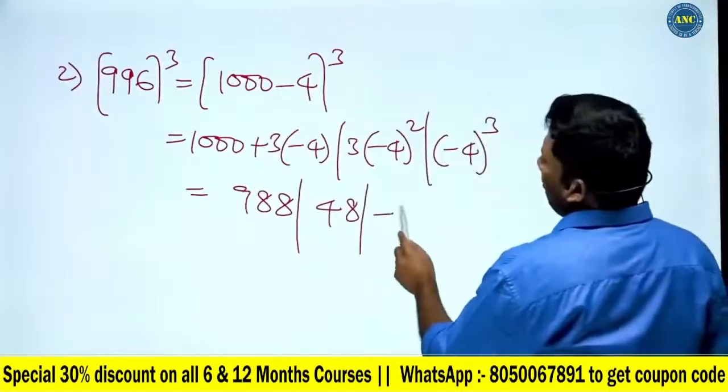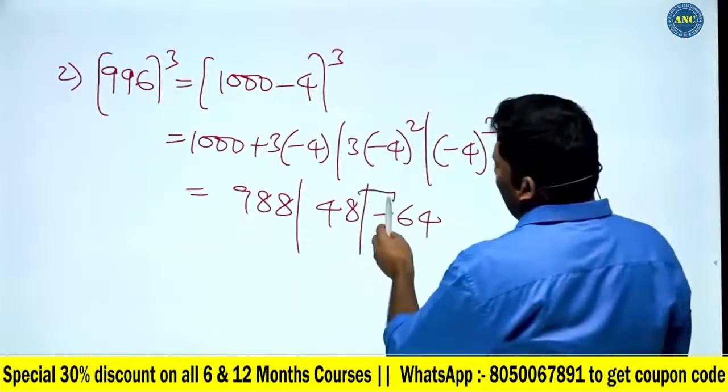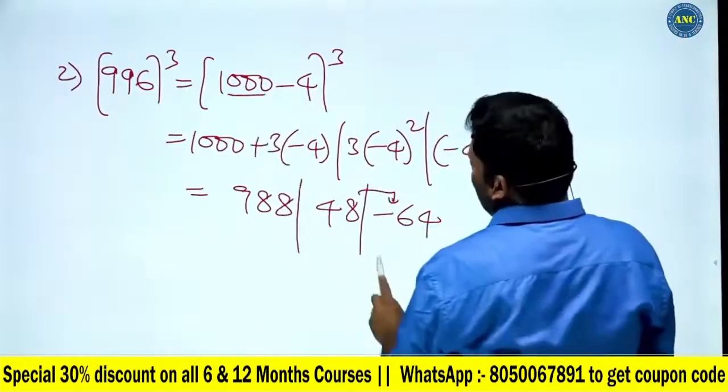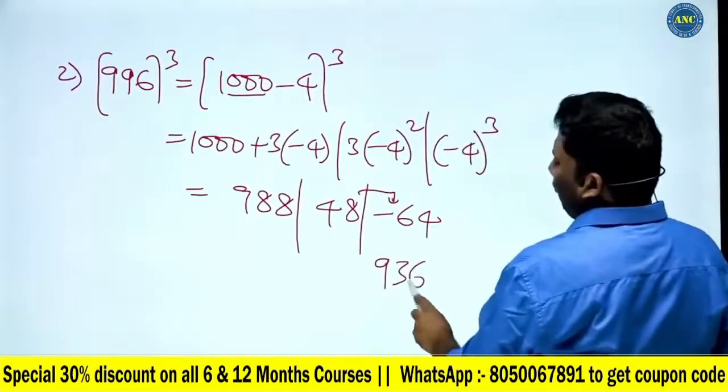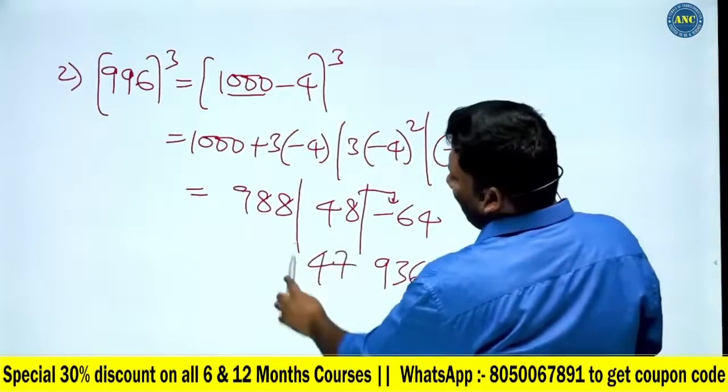Minus 4 cube, minus 64. 1 is carried on a base 1000. 1000 minus 64, 936. 48, 1 carried, 47.